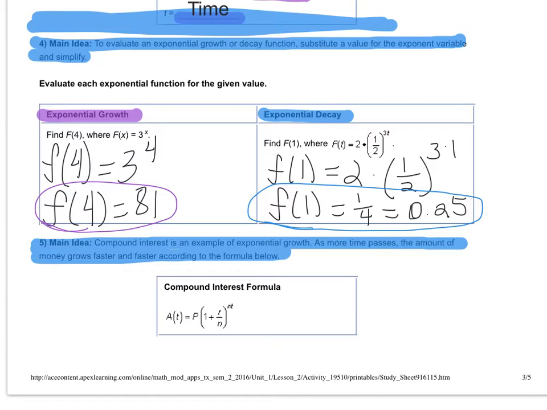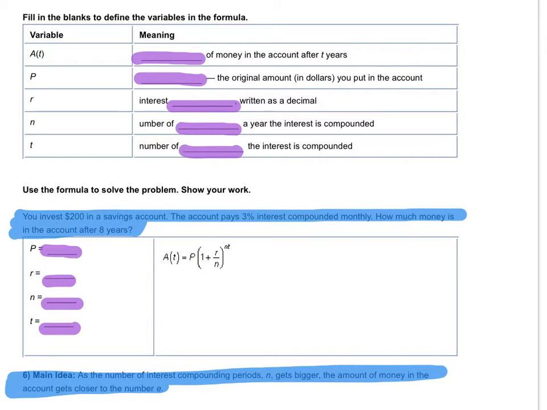Let's go ahead and write down all of those variables. All right, from the equation, A sub t is just the amount of money in the account after t years. P represents the principal, the original amount in dollars that's put into the account or the amount that's borrowed.